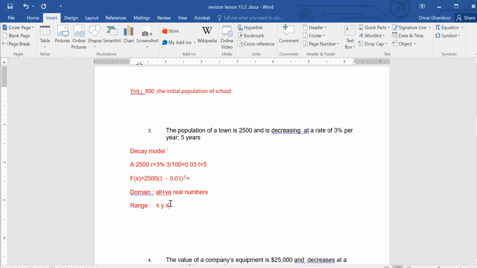This is always the form for the decaying range. The minimum number is 0, so I write 0 at the beginning. And here, what is the maximum number of persons you found in the town? The initial value you started with, 2,500. Okay, very well.